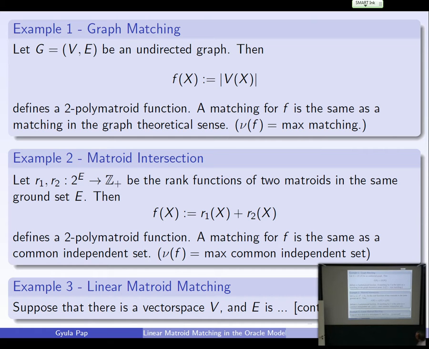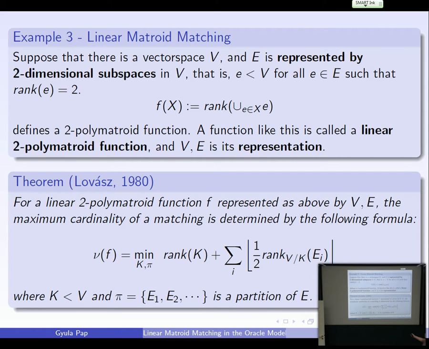Linear matroid matching is the third special case, when we have a linear representation like this. I use V and E as before, E for the ground set, but now V is a vector space.